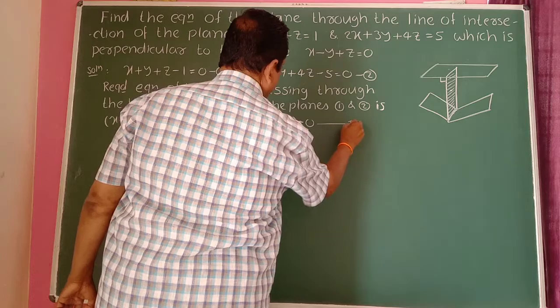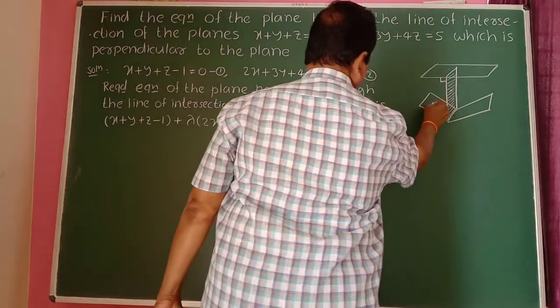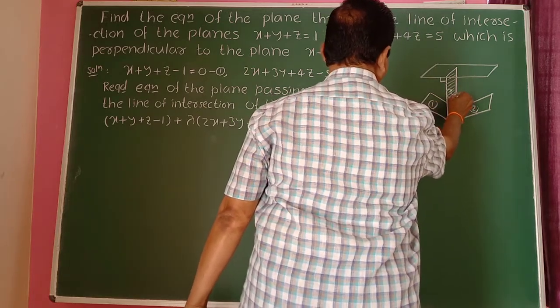Take this as equation number 3. So this is the first term, this is the second one, and here it is the third one.